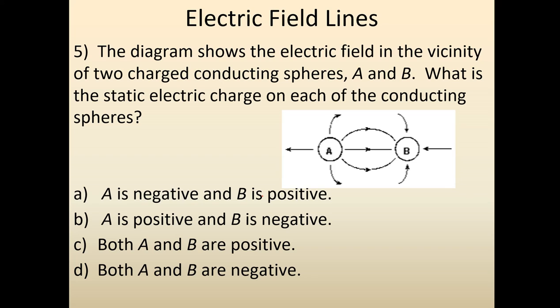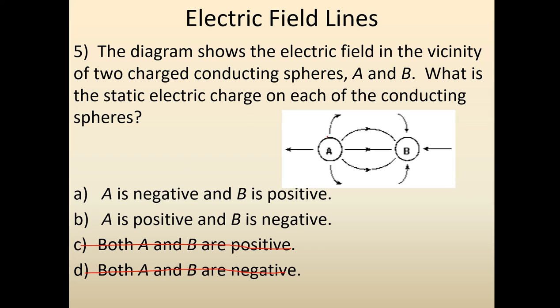All right, so here they want us to figure out the charge on A and B. Well, if we look at this, because the lines are going away from one and towards the other, that means it can't be C and it can't be D because in those cases they're both the same charge. But here we have the arrows doing two different things, so we have to have different charges.